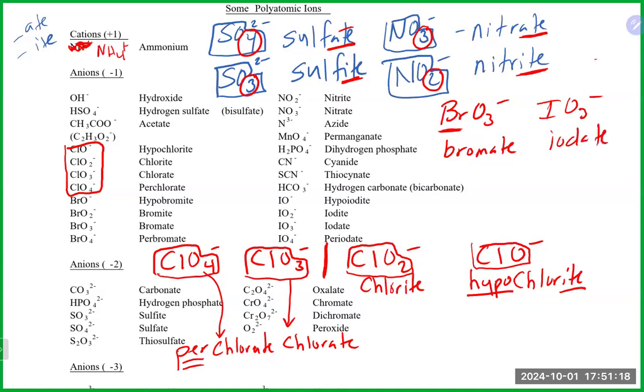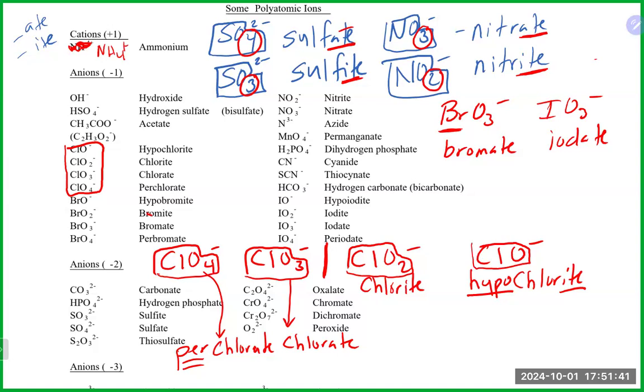So you can swap out any of those halogens in this group of four, and they're all named the same way, just change out the halogen part of the name. As you can see there, we have our iodate, our hypoiodite, our bromite, and our bromate there on the left. Any questions on that?